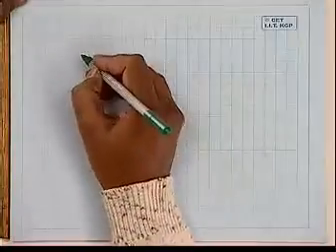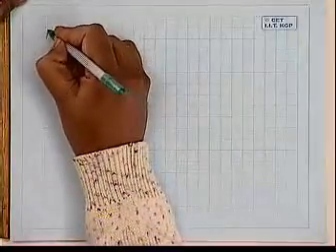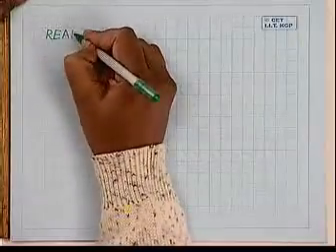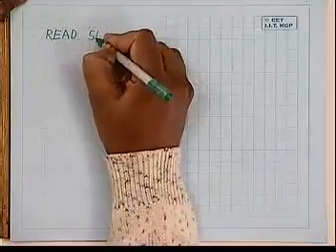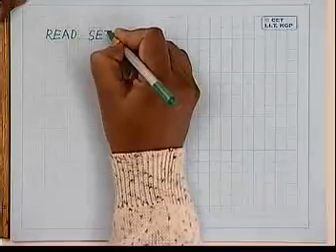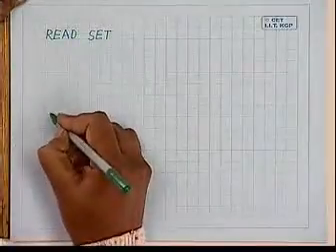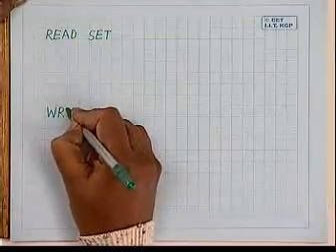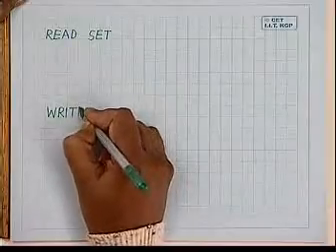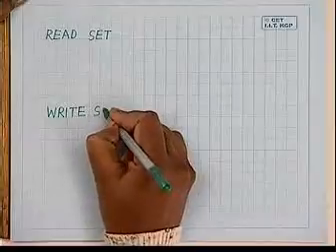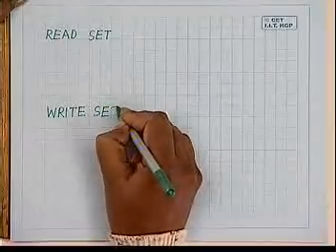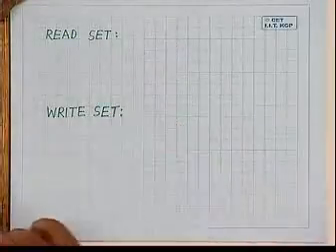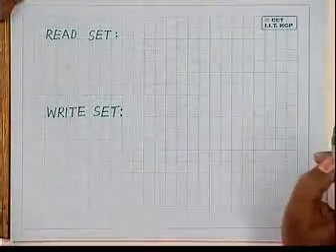One of the sets we will call the read set, and the other set we will call the write set. So we define two sets: one is the read set and the other is the write set.